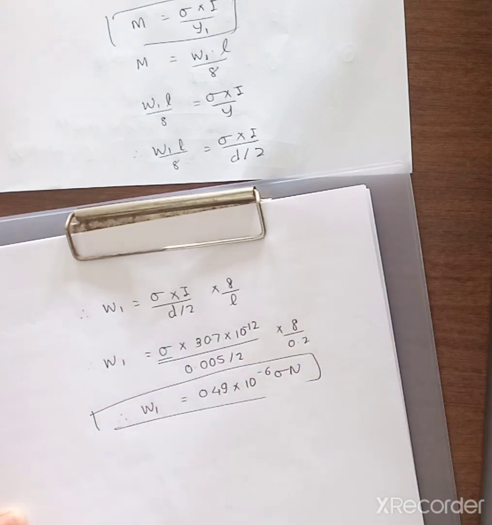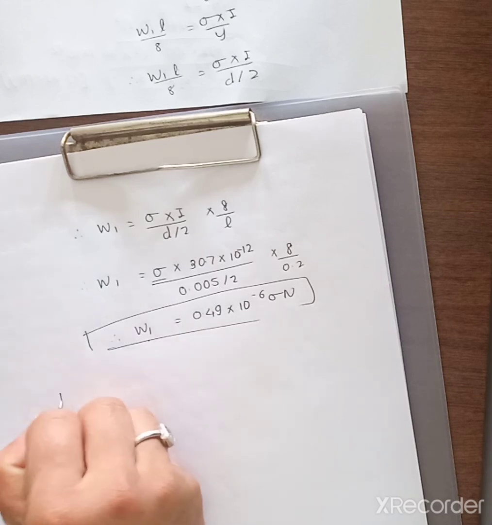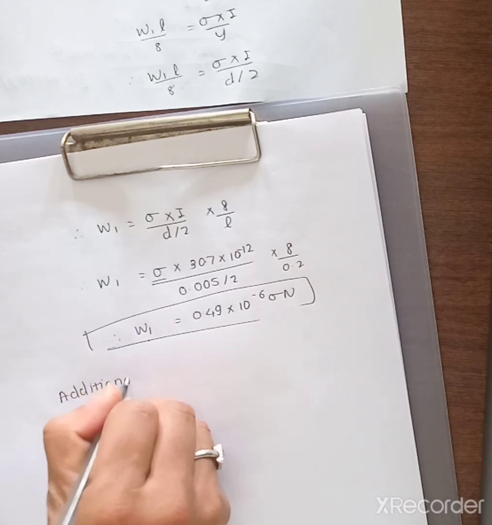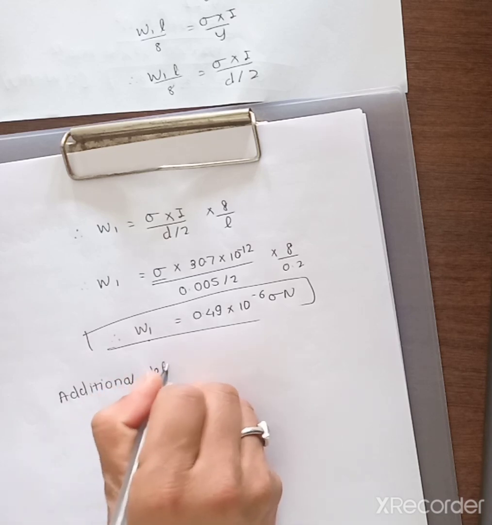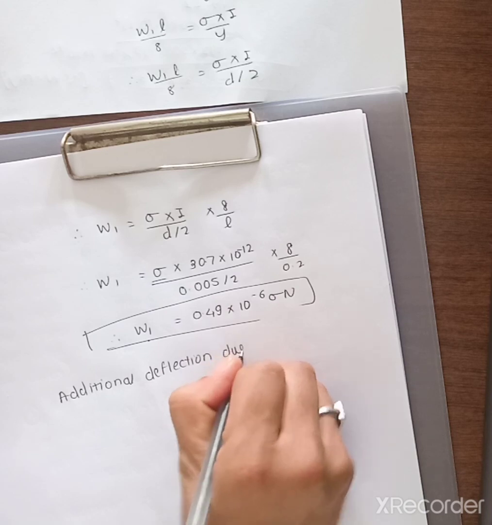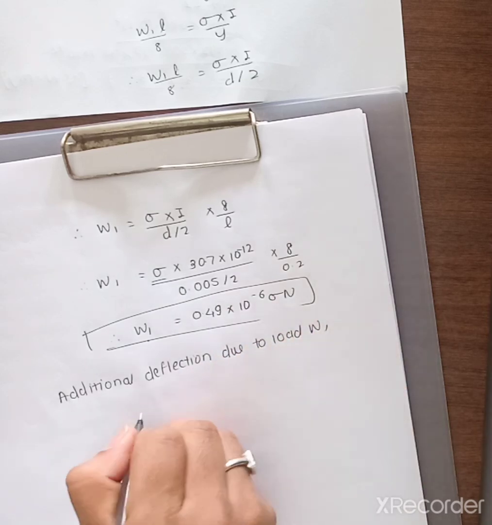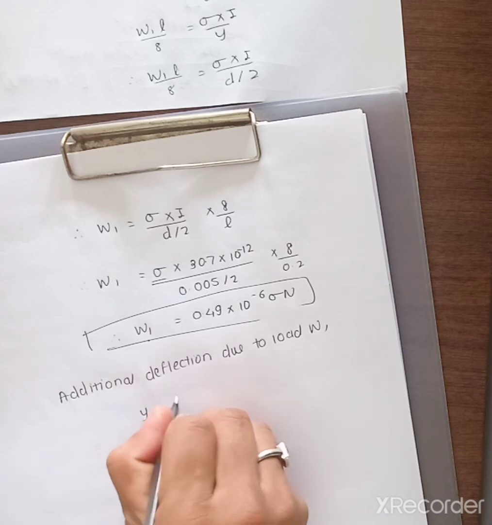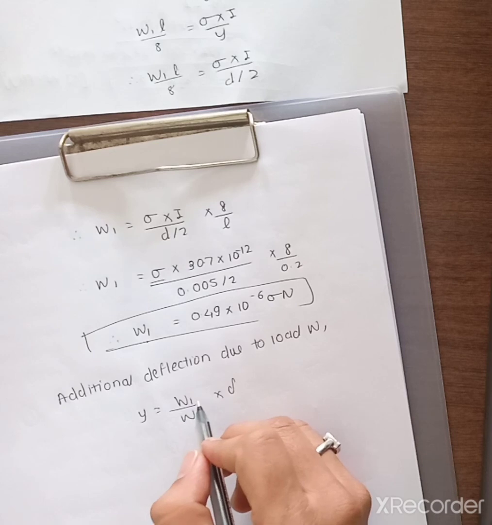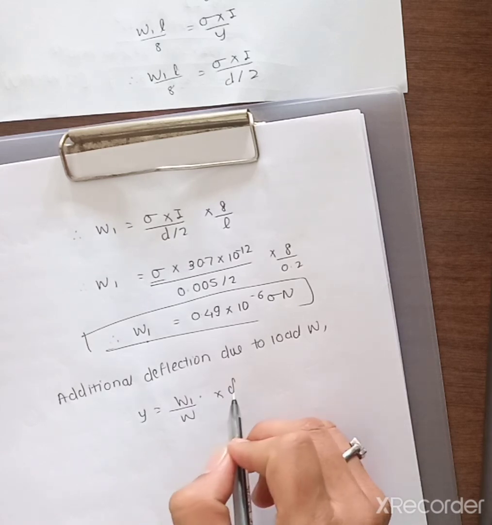The additional deflection due to this load W1, we can find that. We all know y is equal to W1 upon W into delta. Here we have the value of W1.